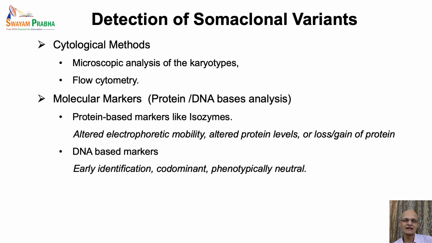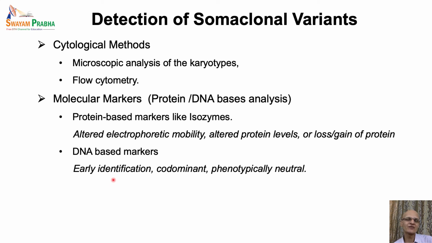And finally is the DNA based markers. The use of DNA based markers is most popular as they can generate important genetic information and their abundance is really high. These are most advantageous as these can be used at a very early stage of development when the plant is still in the culture media.